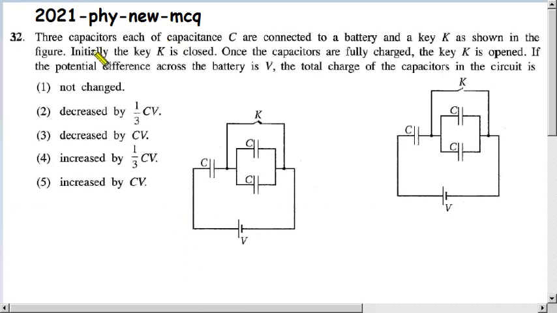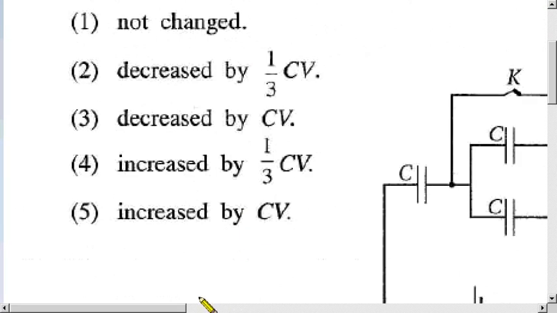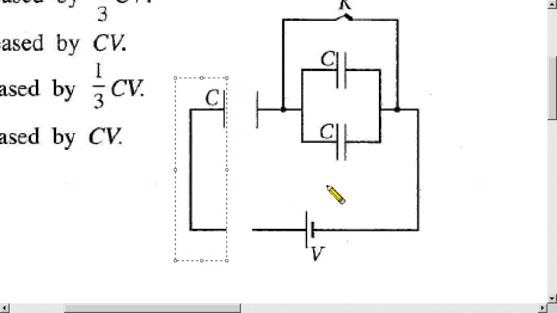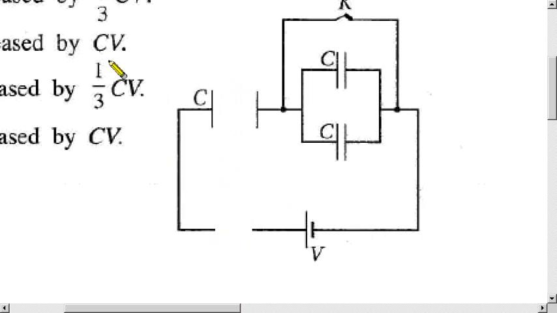Let us take some room here, because I have to write things here. So I adjust a little bit like this. The capacitance does not change; I just took some room here for explanation.